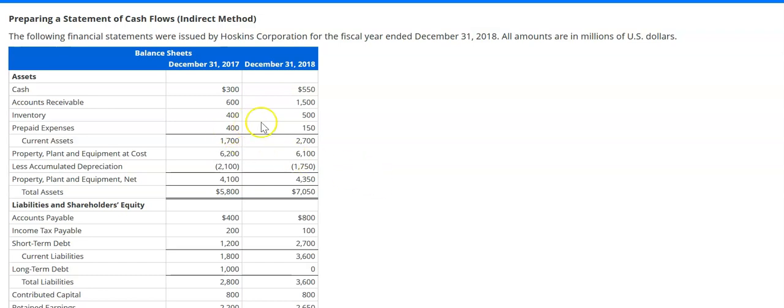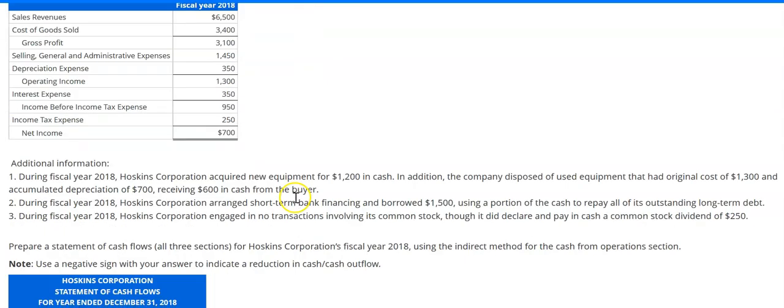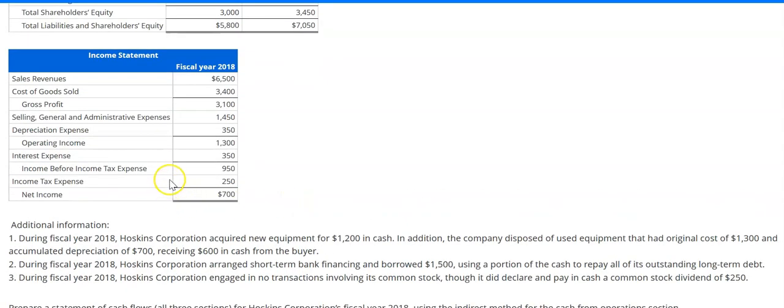So what we're saying here is essentially that there's a net $250 that has been expensed because either supplies have been used up or insurance has been used up. And so this $250 spread here is very similar to this $350 in depreciation expense. It looks like it's going to be buried in this $1,450 here, so we can't see it.